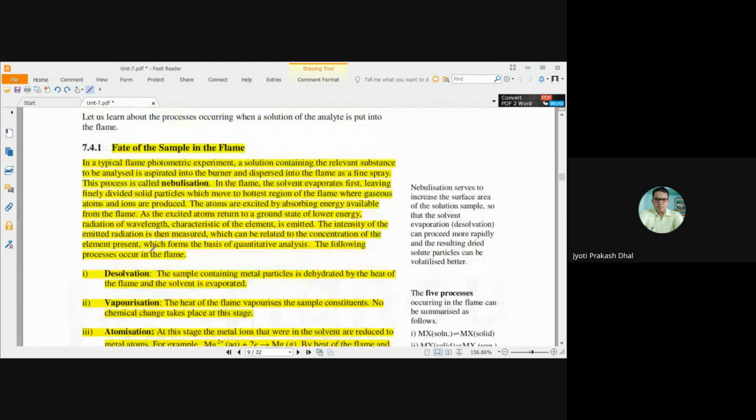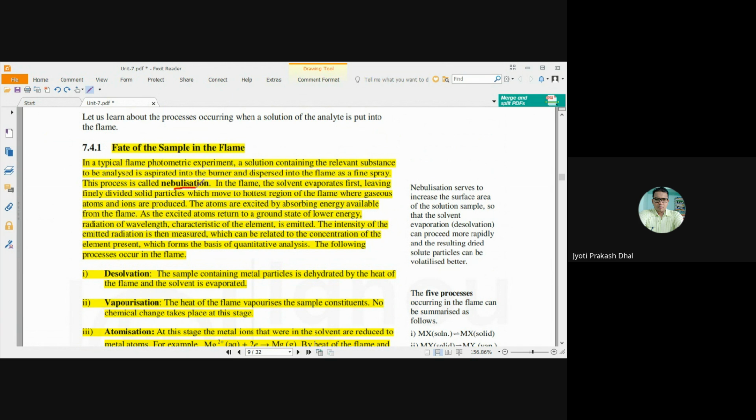So in the nebulization process, the sample is converted into a solution using a suitable solvent, and the solution is aspirated into the burner and dispersed into the flame as a fine spray.